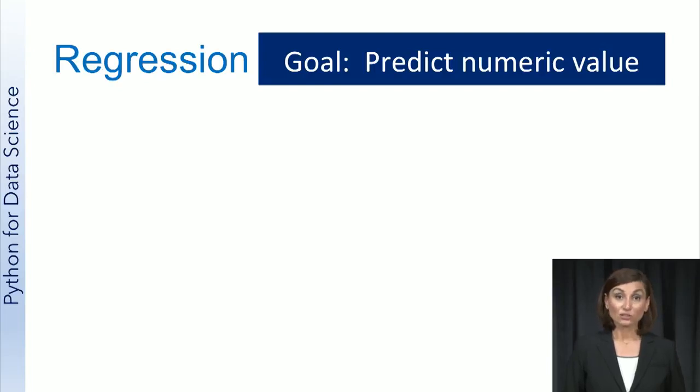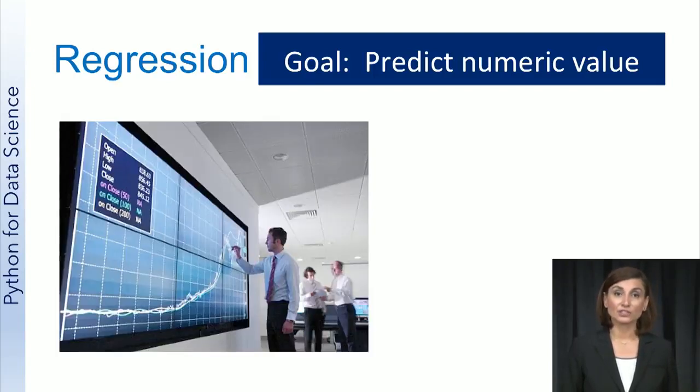When your model has to predict a numeric value instead of a category, then the task becomes a regression problem. An example of regression is to predict the price of a stock. The stock price is a numeric value, not a category, so this is a regression task. It is not a classification task.